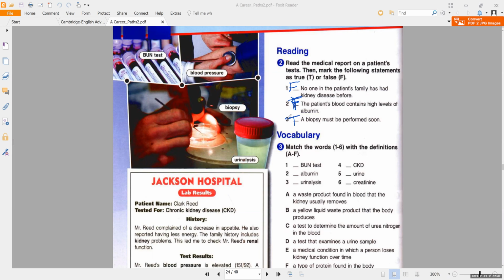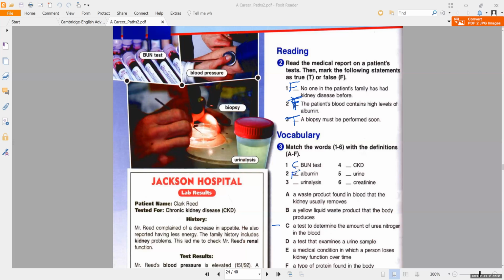What is the BUN test? It is number C, a test to determine the amount of urea nitrogen in the blood, a BUN test. Yes, albumin. Number 2 is the last one, F.